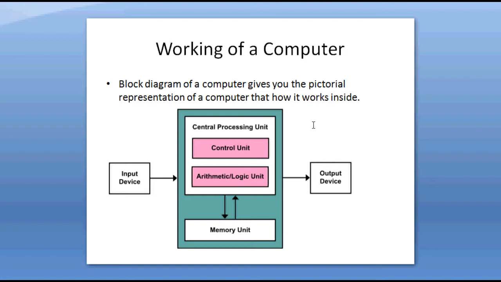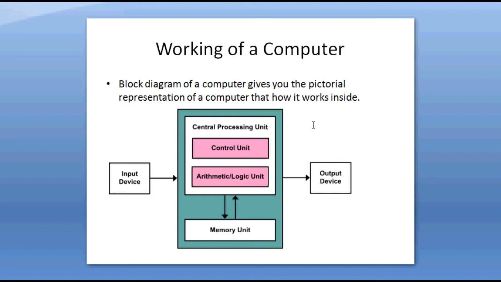Second, central processing unit. CPU is called the brain of a computer. CPU can be further subdivided into two parts. First, control unit, second, arithmetic and logical unit. Control unit.